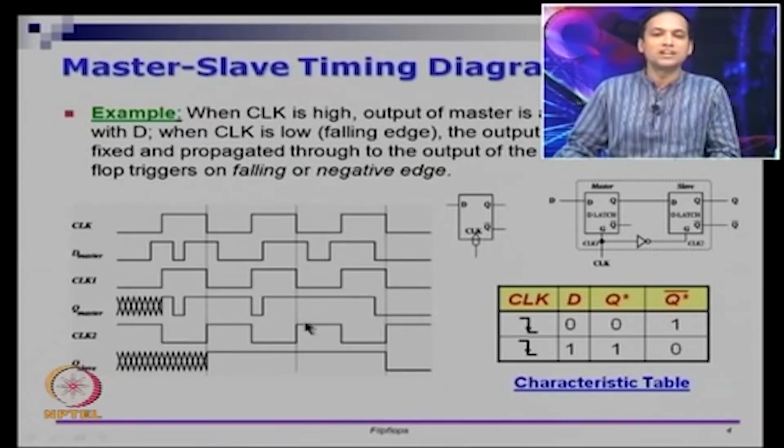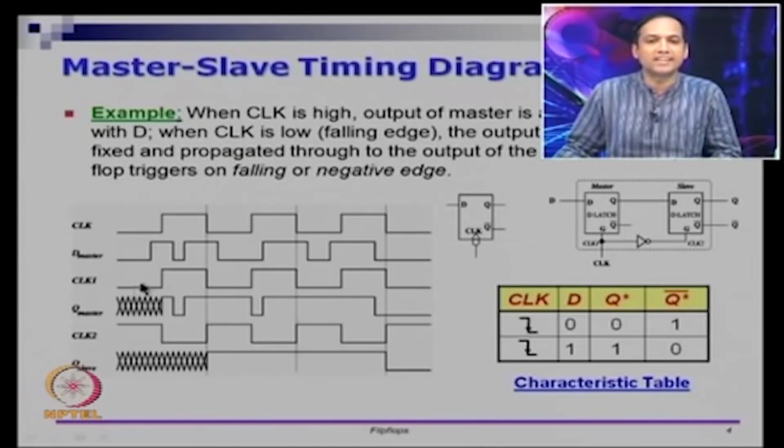If you notice, what we have just traced is the relationship between the external clock, D master and Q master. If you compare D master and Q master, you can see that not all the transitions in D master are transferred to Q master, right. A subset of the transitions are actually left out.